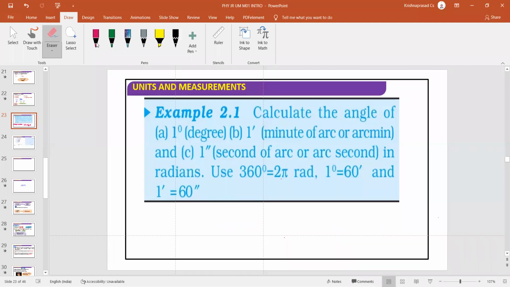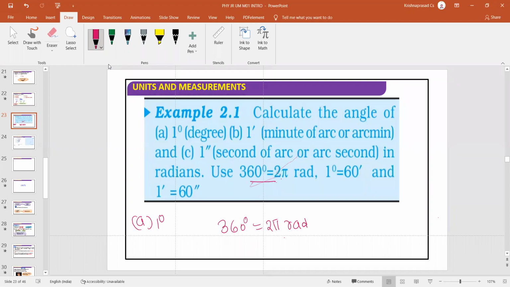So first of all, we need to find out the value of 1 degree, right? In the relationship, it is given that x degrees is equal to x multiplied by pi by 180. Here itself, the relationship is given as 360 degree is equal to 2 pi rad.